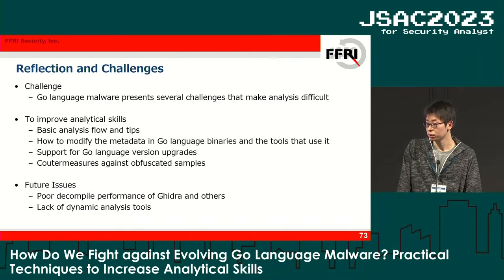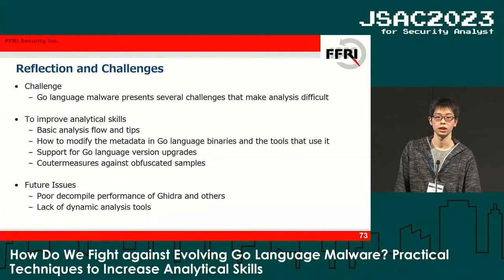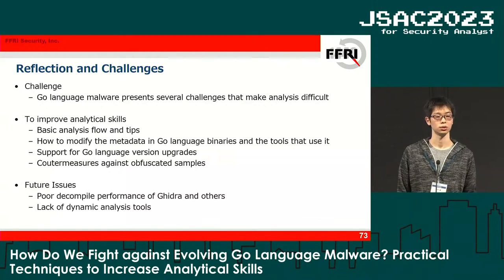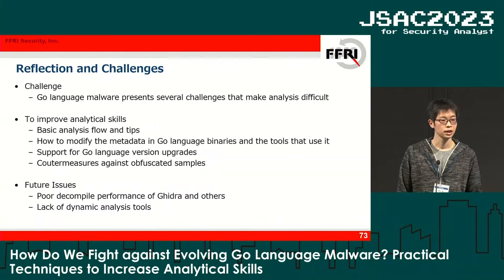So, the summary. We did a Go language malware analysis, and the binary is not easy to analyze, but I also shared information about tools and how to cope with this. The difficult analysis can be made easy with tools, and the function flow may be a good reference.